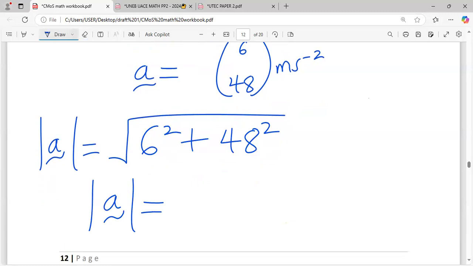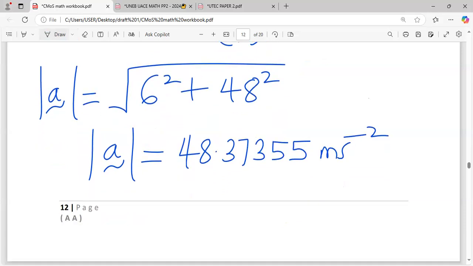So I'll come and say 48 squared plus 36, I get the root of my answer. So I'm getting 48.3735. Not forgetting the unit of acceleration.